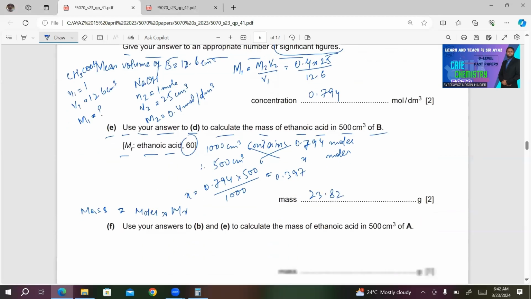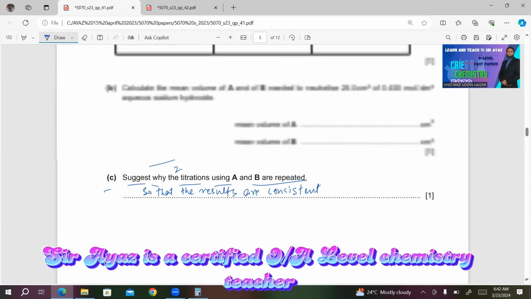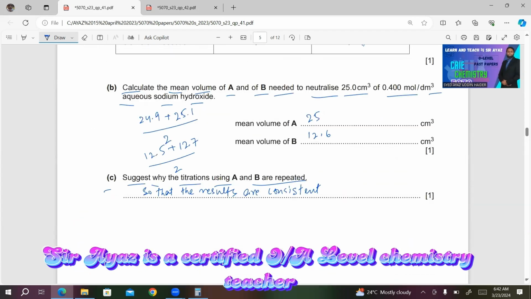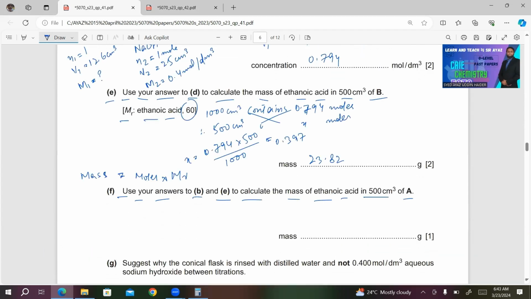Number F. Use your answers to B and E to calculate the mass of ethanoic acid in 500 cm cube of A. What about the mean volume of A? It is 25. Using the same formula, M1 V1 is equal to M2 V2. M1 is the concentration of ethanoic acid.